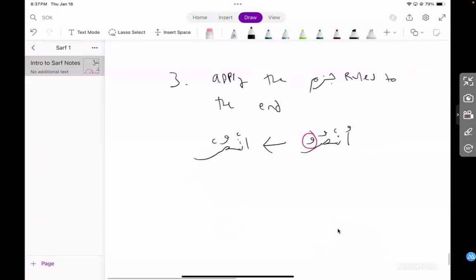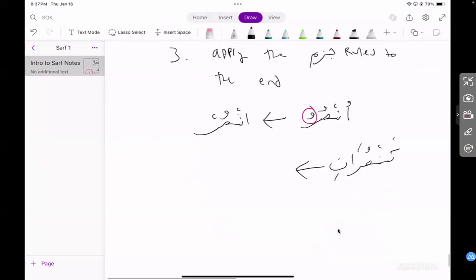And if I have a case of, let's take tansurani, for example, and zip through the steps. Tansurani. How much time do I have? 2 minutes. Okay. So tansurani, first I'm going to strip the alamatul mudari, so it's going to look like this: surani.